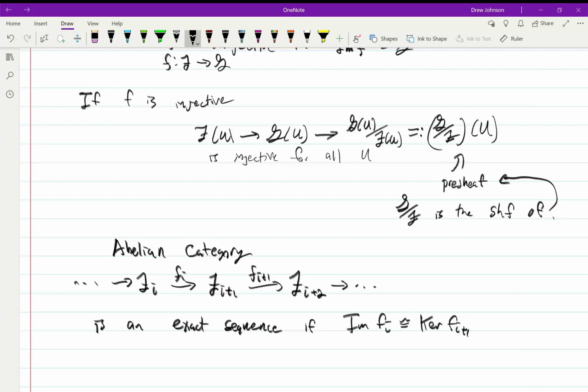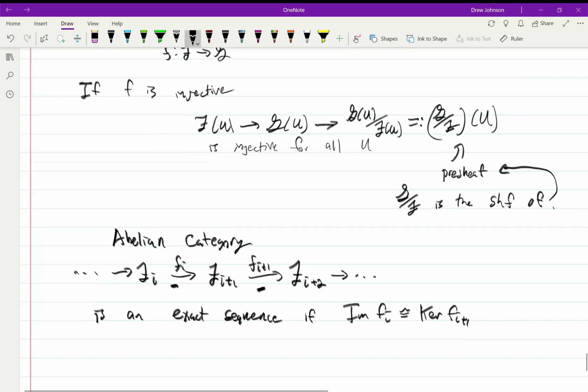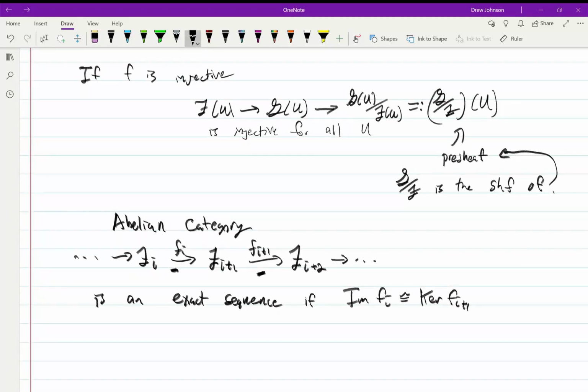So the image of this map here should be equal to the kernel of this map here. This is the exact same definition you would have done for modules, but the difference now is that we have to be a little more careful about the image sheaf. The kernel sheaf worked out perfectly nicely.